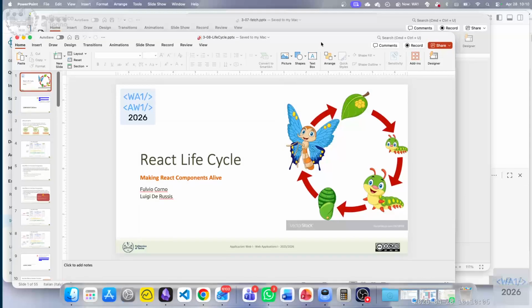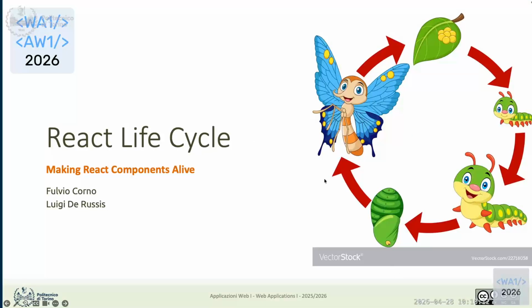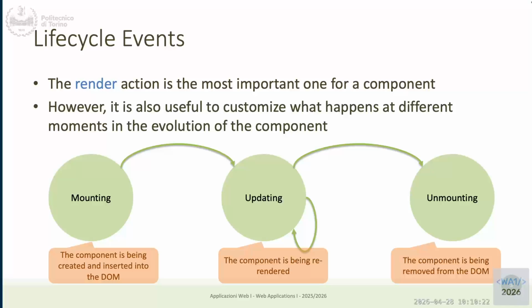Okay, so we have to spend some minutes in seeing how to extend the life cycle of React components. Because right now we have a simple view of how a React component works. Okay, when some prop changes, when some state changes, then the component is re-rendered.